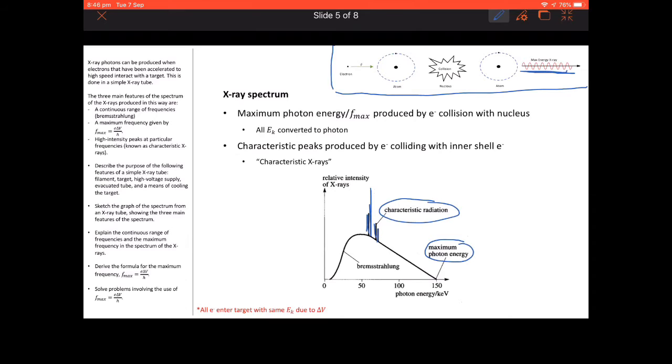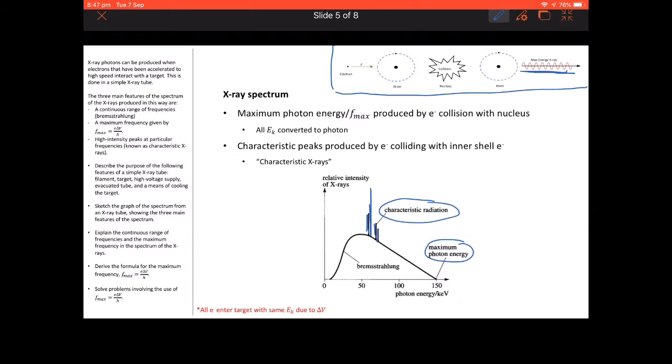As you may have touched on in some previous chemistry, electrons will jump down energy levels because they want to be in their most stable position in an atom, and that's generally closer to the nucleus.